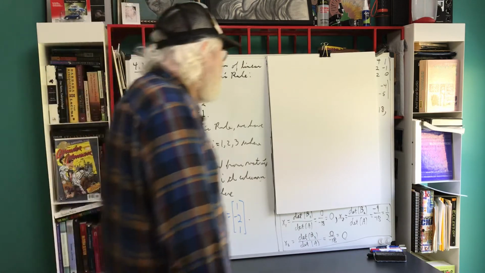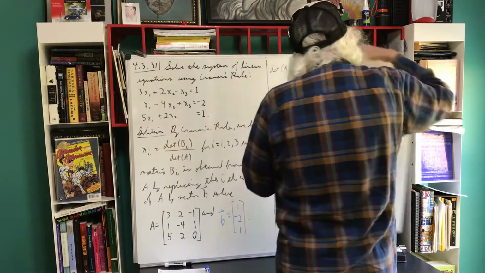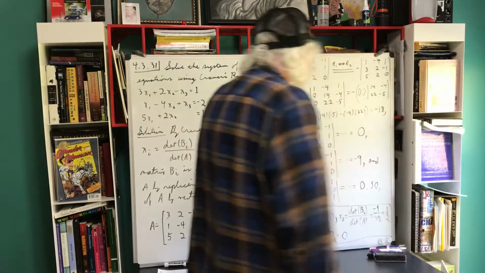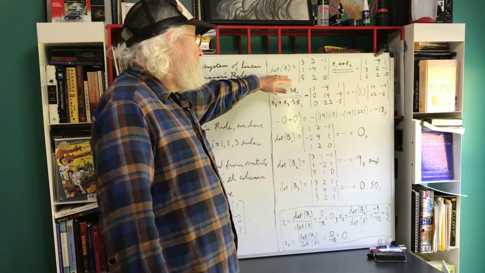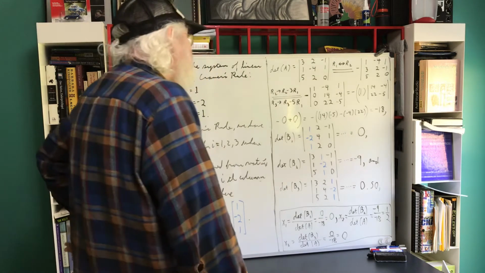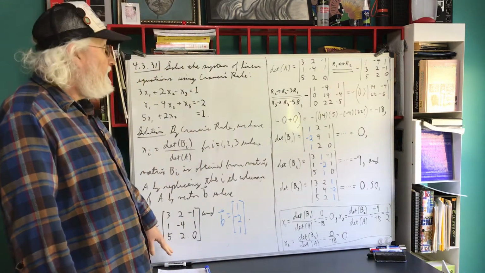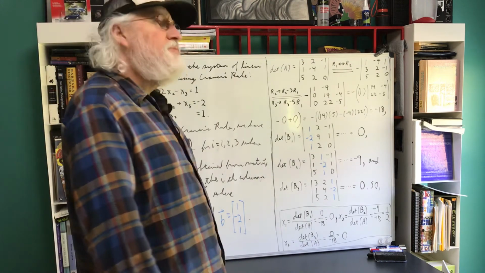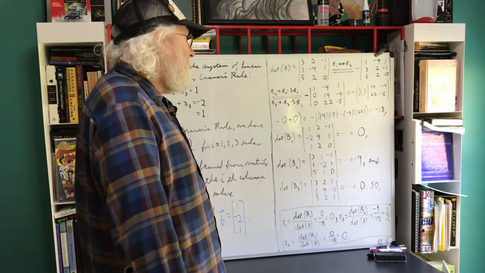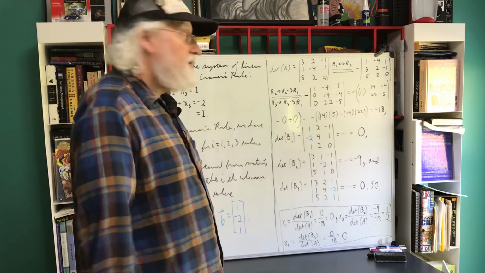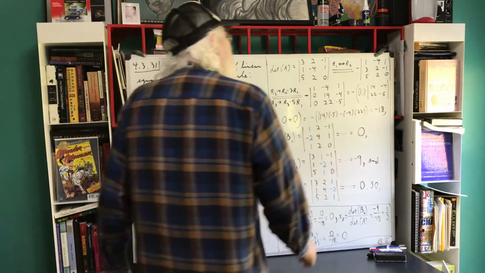Okay, well, let me prefab some of it here. We need the determinant of matrix A. Let me show that one in detail. So 3, 2, negative 1, and so forth. Let's do some row reduction first and simplify it, keeping track of how the row operations affect the value of the determinant.